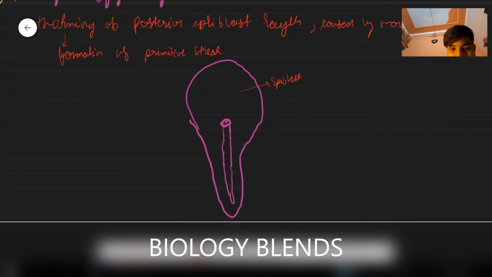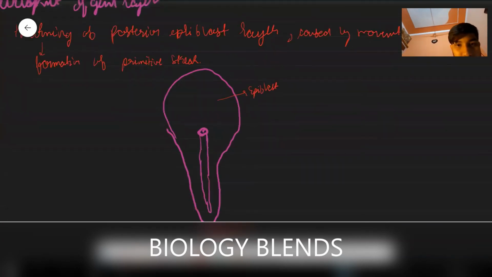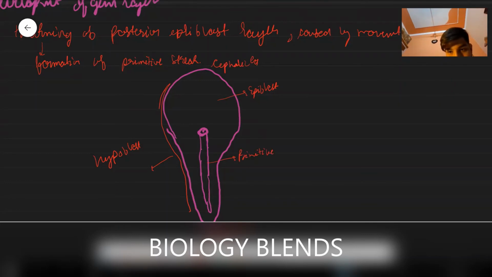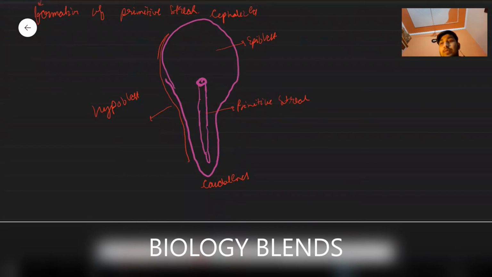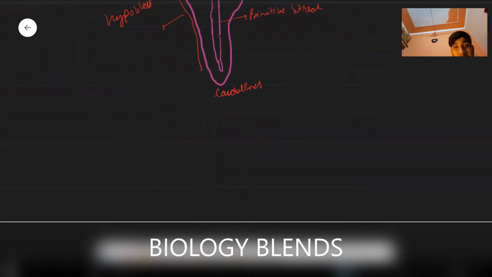It is the caudal end and cephalic end, and here it is the hypoblast. It is the primitive streak. Cells from the epiblast layer form the three germ layers, and the three germ layers form the different organs in the body.